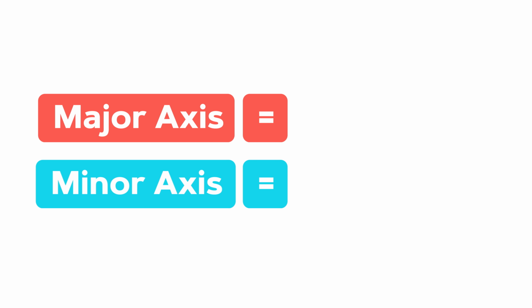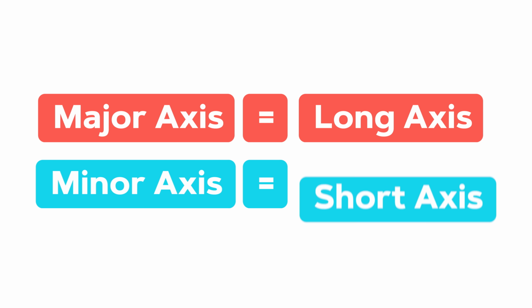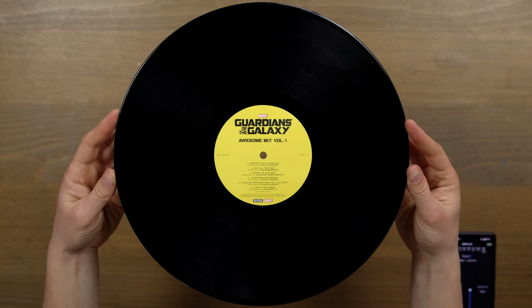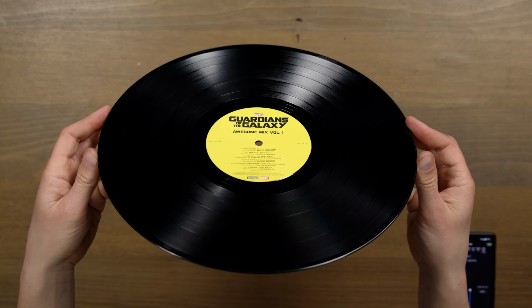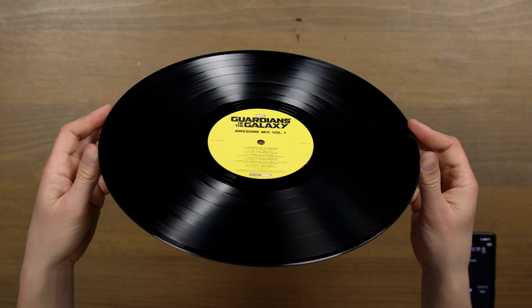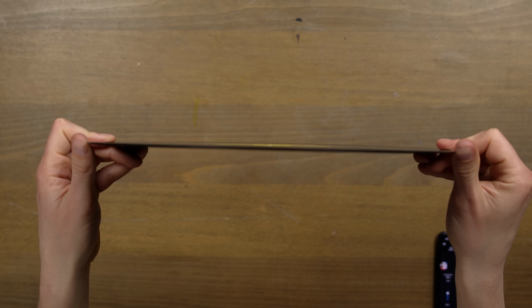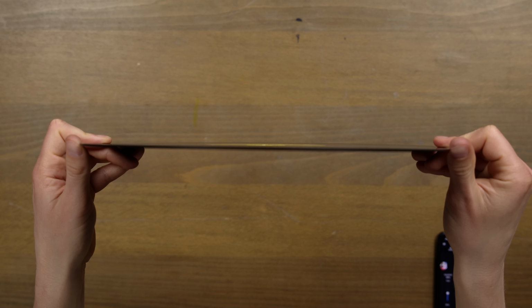You'll probably hear me also using the terms long and short axis. Same thing. When we're talking about ellipses in the context of perspective drawing, we're referring to circles tilted in 3D space. They're foreshortened circles. As I tilt it more and more, it gets foreshortened until it becomes a line, just like a plane of a box would.